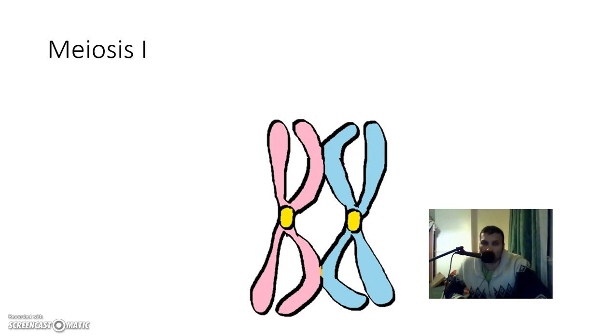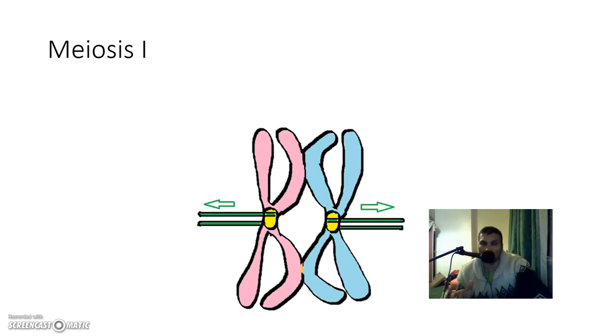The arms of the chromosomes attach through the formation of chiasmata. Microtubules now attach to the sister chromatids from the same pole. Instead of two different directions, sister chromatids attach to the same pole, and this is called mono-orientation.